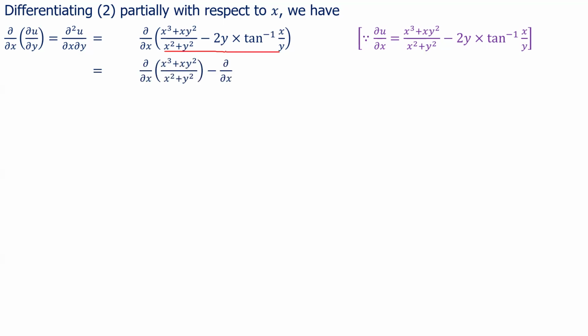Now, let us again separate these two terms. Partial derivative of (x cube plus xy square) upon (x square plus y square) with respect to x, and minus, we have taken outside, the partial derivative of 2y tan inverse of x by y with respect to x.